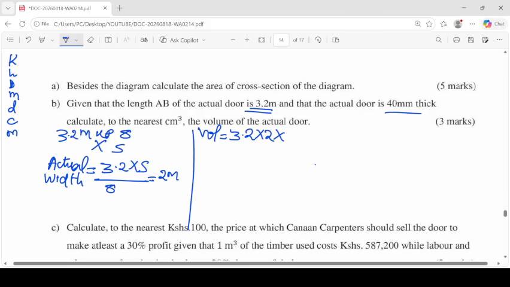So this 40, I have it as 40 over 1,000. I want to convert it to meters. So when you execute this will be 3.2 times 2 times 40 over 1,000. This is 0.256.